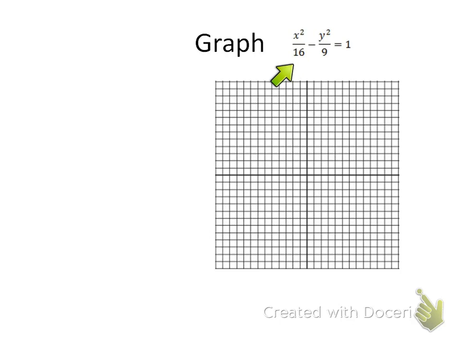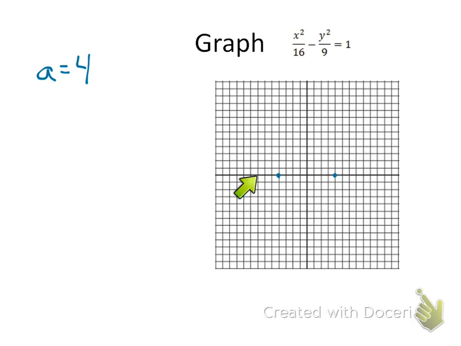Okay, like before, my a squared always goes first. So my a is going to be the square root of that 16. Square root of 16 will be 4. And since that is below the x, I'm going to go on the x-axis 4 over both ways. Those will be my vertices.